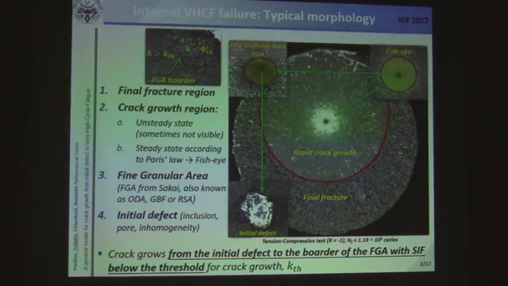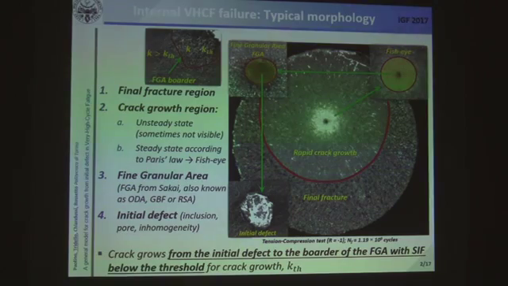The most characteristic peculiarity of this very high cycle fatigue failure is that the crack can grow from the initial defect with a stress intensity factor which is below the threshold for crack propagation, and this is in contrast with the linear elastic fracture mechanics theories, the common theories.